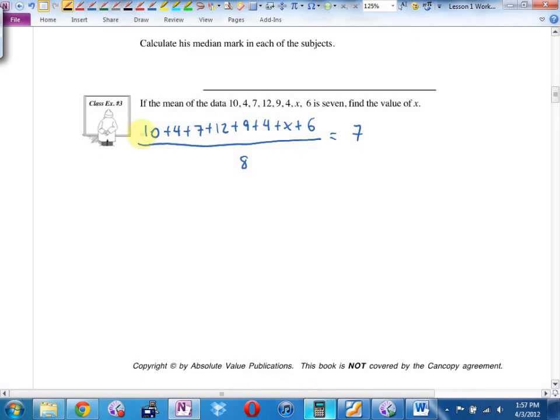But what is 10 plus 4? Well, 10 plus 4 is 14, plus 7 is 21, plus 12 is 33, 42, 46, 52? Yes? 52 plus x over 8 equals 7. Now what?